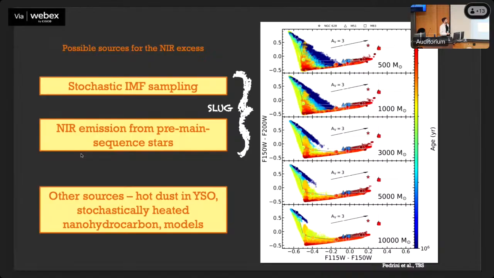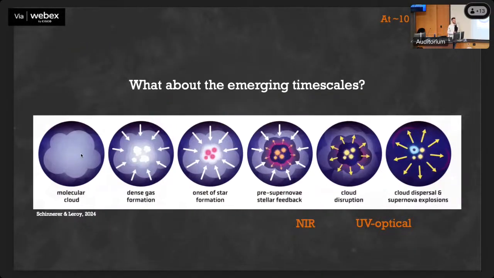But of course only partially, and probably a lot of other things are going on here to fully explain this. So I'm saying we probably cannot really trust the ages we get for single clusters.